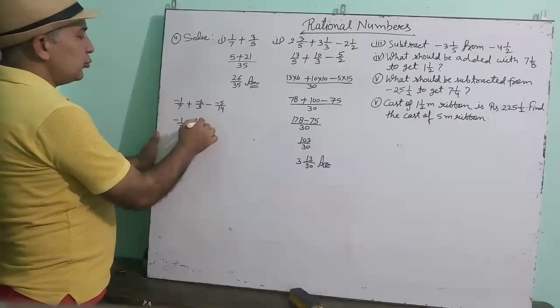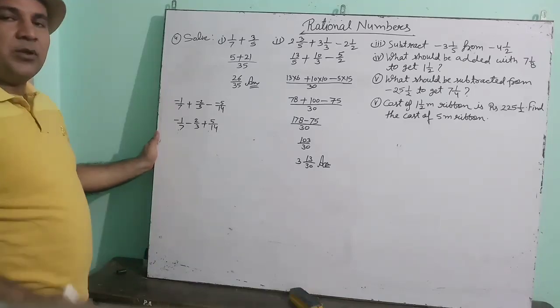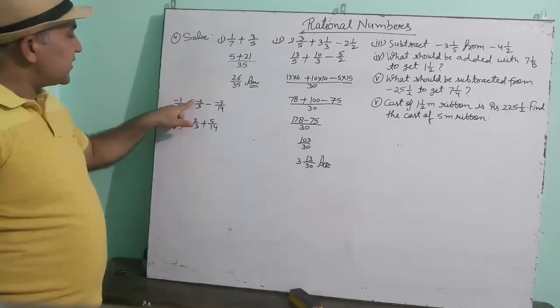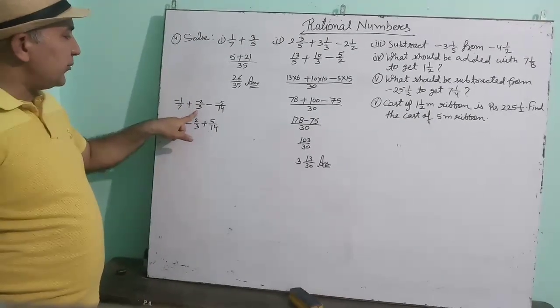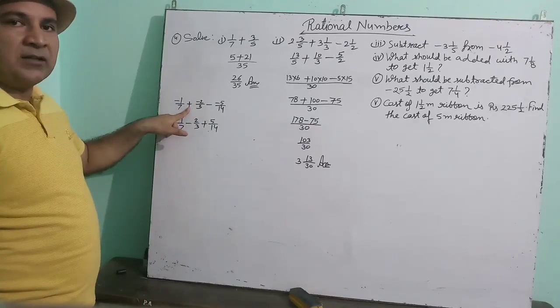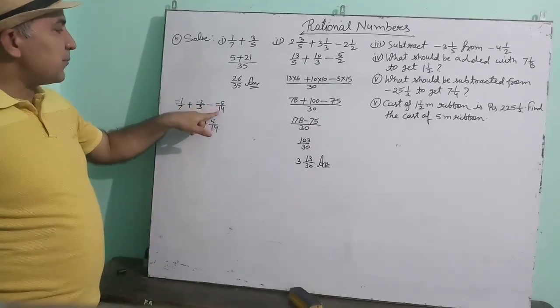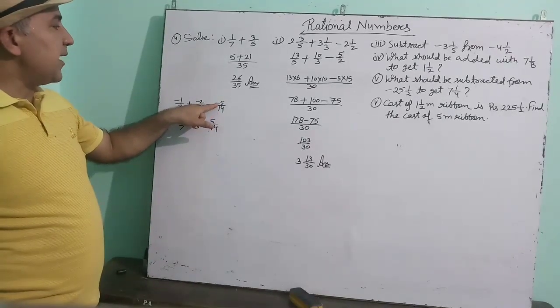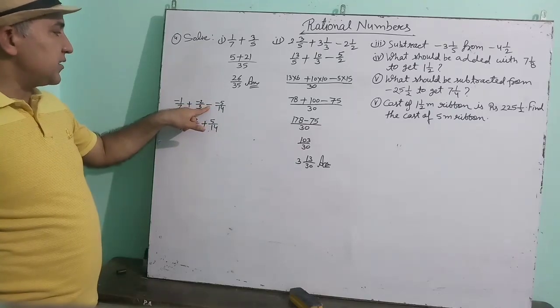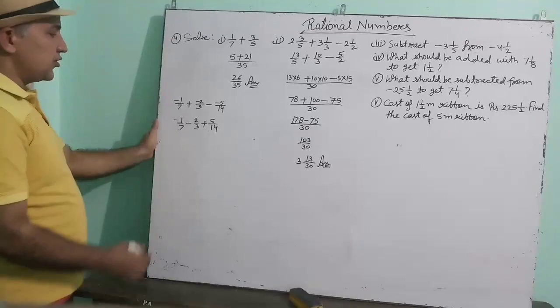Now minus into minus becomes plus 5 by 14. This will be your first step. If the sign is with the numerator or denominator, then that sign will be multiplied with the sign before that rational number. Okay. Similarly here, minus 5 upon 14 is written. So this minus will be multiplied by this minus and it will become plus. Then after that, solve your question.